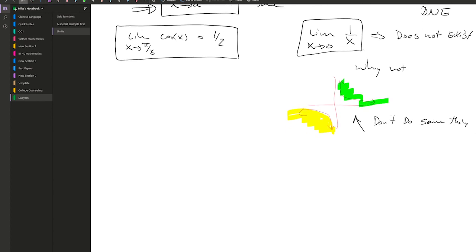So we say a function f of x has a limit near x is a if the limit does the same thing on both sides.